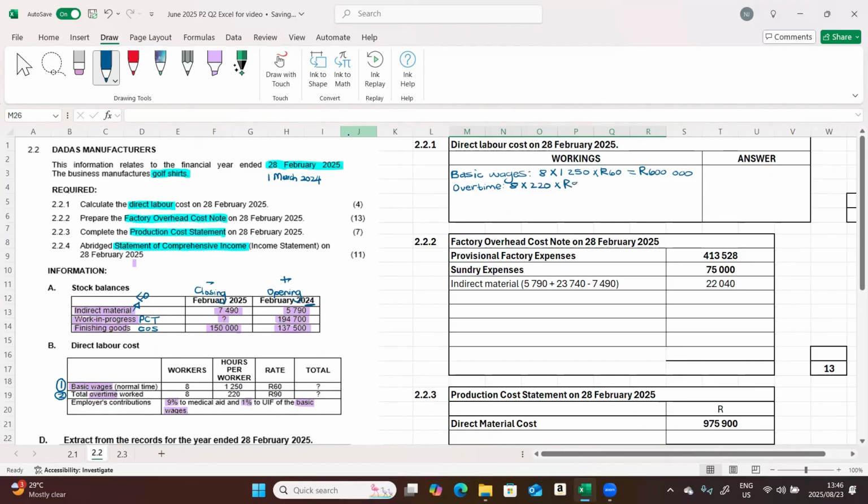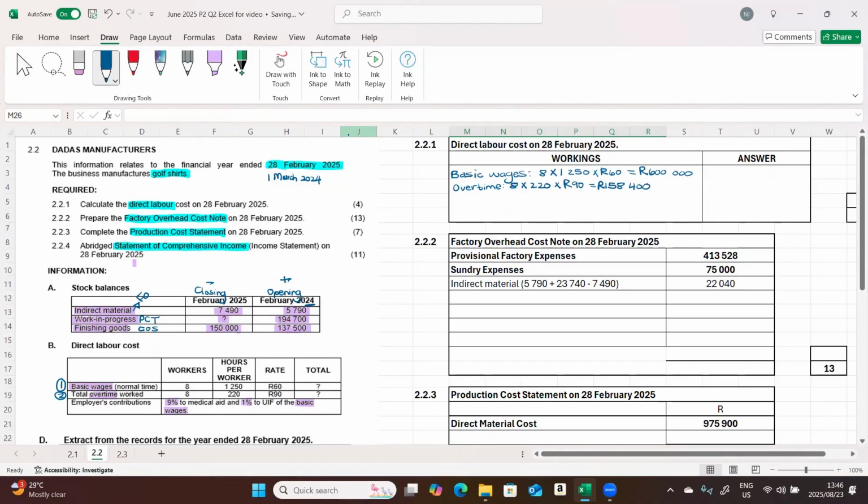Multiply all of that, and then we will see how much we pay for overtime. 8 times 220 hours times 90 Rand per hour gives you 158,400 Rand.